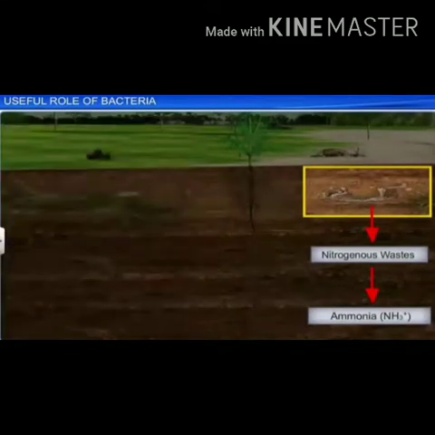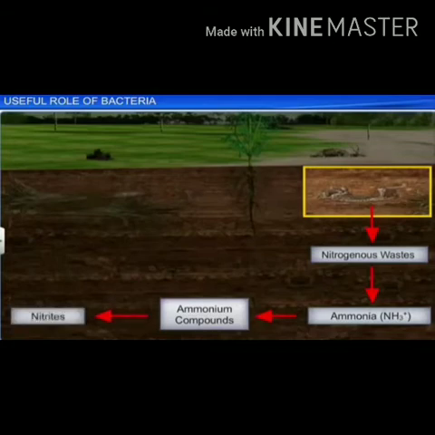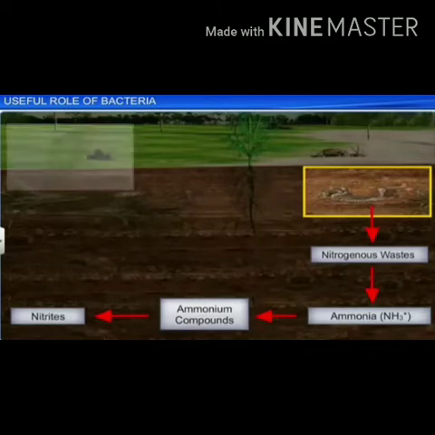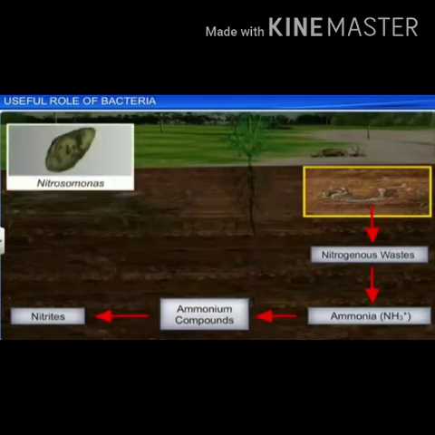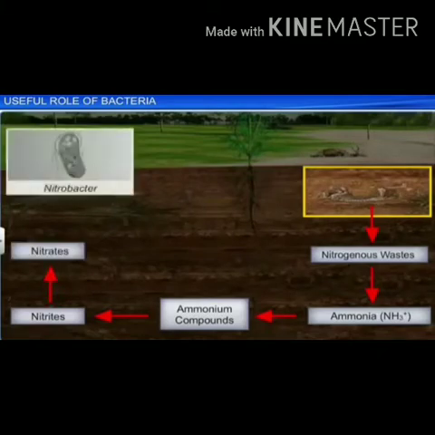This ammonia is then converted into ammonium compounds by the same ammonifying bacteria. The ammonium compounds are then converted into nitrites by nitrifying bacteria such as Nitrosomonas, and then into nitrates by nitrifying bacteria such as Nitrobacter.